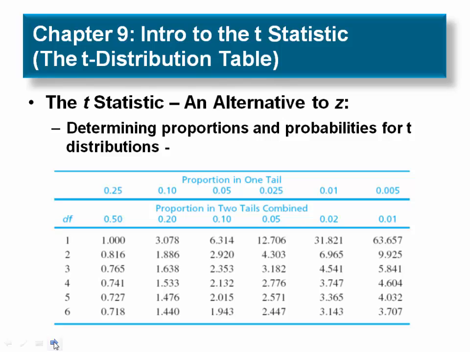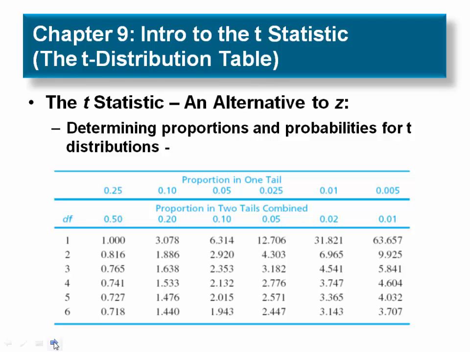Just as we use the z-score table to locate proportions associated with z-scores, we will use a t-table to find proportions for t-statistics. The complete t-distribution table is presented in Appendix B on page 575.